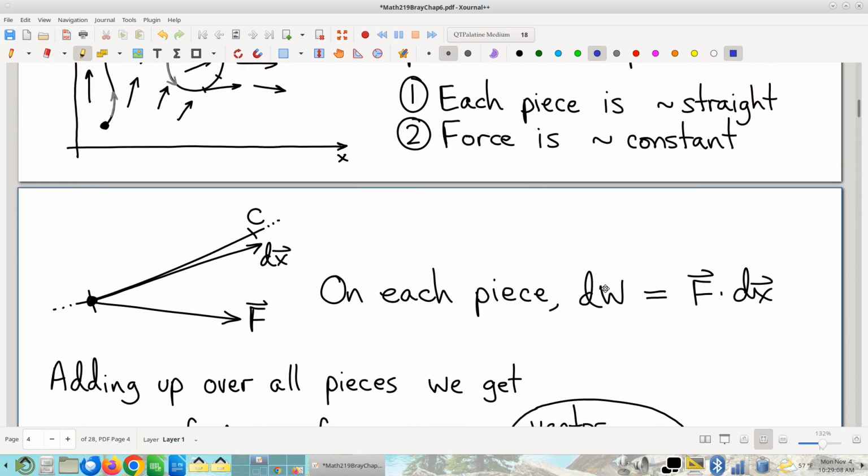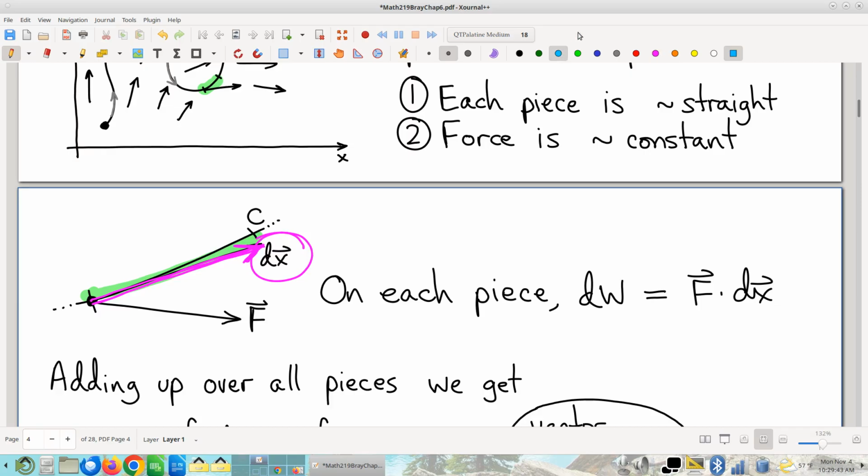On each little piece of curve, and I've just got a sort of blown up image of that little piece of curve right there, and here you go, there's our little piece of curve. The whole point to breaking it up was that on each little piece of the curve, we have basically a pretty simple question. We can estimate our displacement by the dx vector. That's velocity times dt, and of course it doesn't account for the little teeny tiny bit of curvature there, but in the limit that's not going to be a problem.